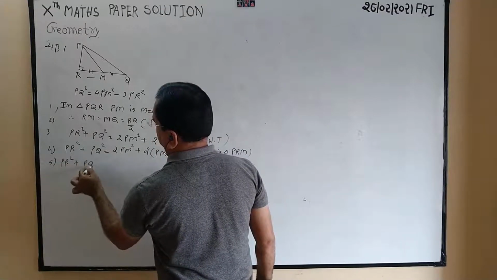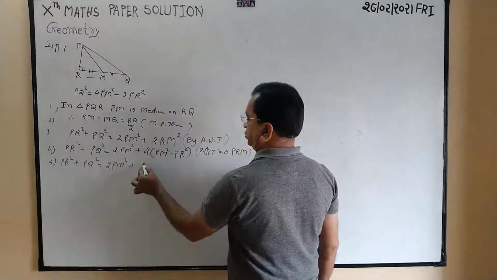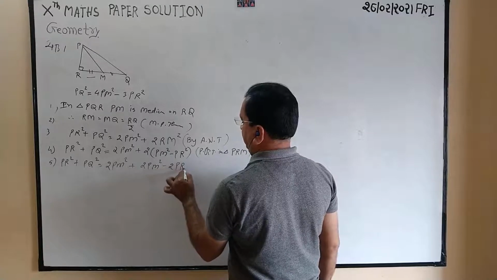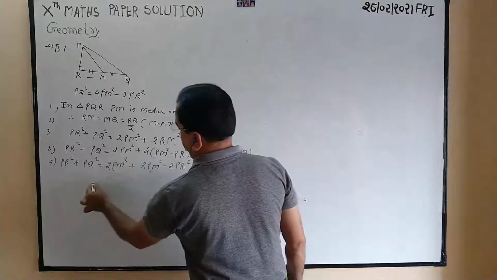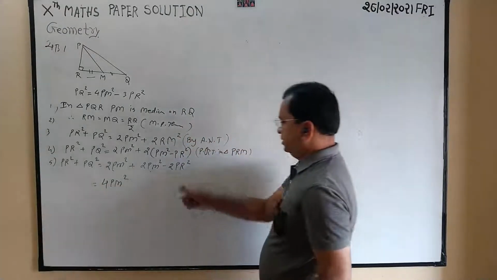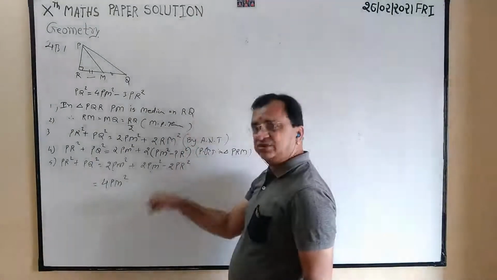PR square plus PQ square is equal to 2PM square plus 2PM square minus 2PR square. So this plus this is equal to 4PM square. PR square, this PR square comes this side, so minus 2 minus 1, minus 3.